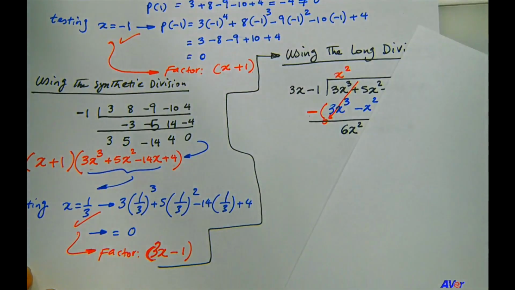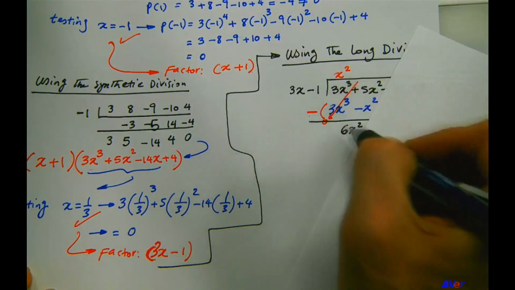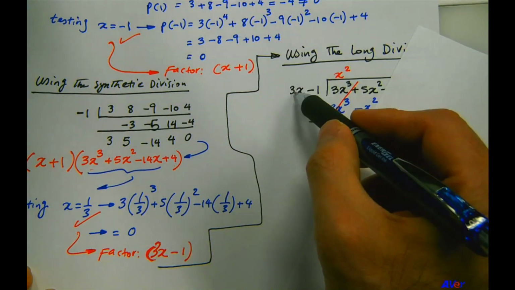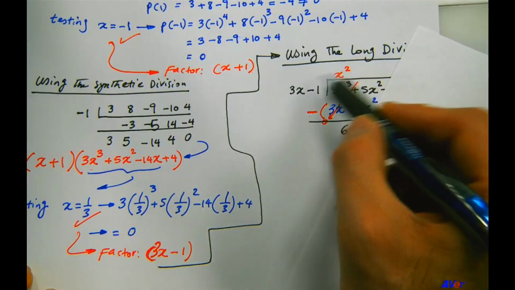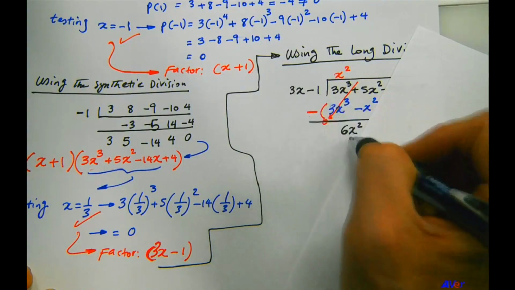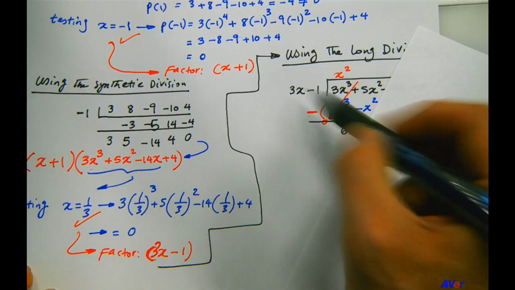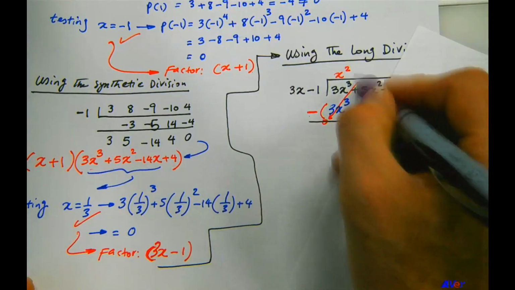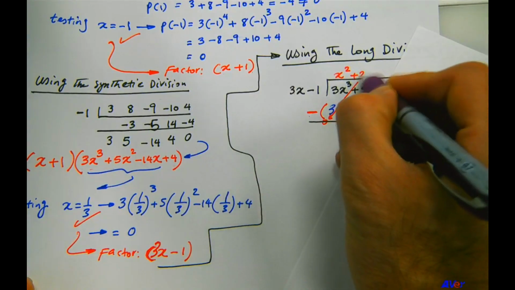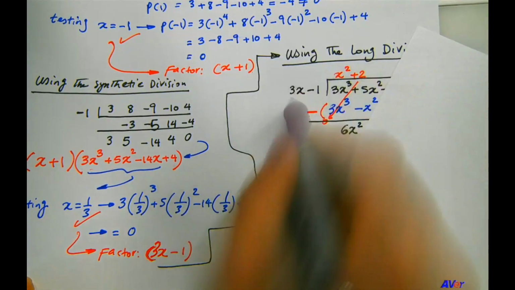We cover those two terms. Compare this with the first term in the divisor. What should we put up here such that if we multiply it by 3x, we get 6x squared? Well, we already have 3, so we're going to need a 2, right, to give us 6. So plus 2. 2 times 3x is 6x.